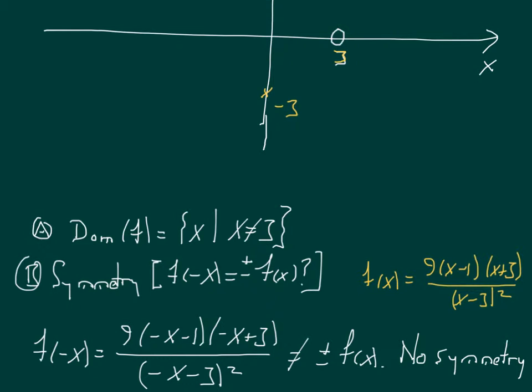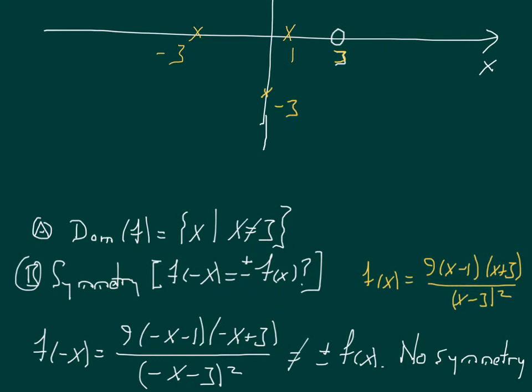So let's see. So here's 1. At x equal to 1, we're going to have an x-intercept, and at x equal to minus 3, which I guess is somewhere like that, we'll also have an intercept. So I'll put a 1 here, and I will put a minus 3 right here.